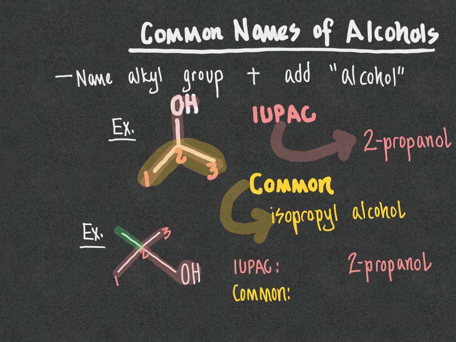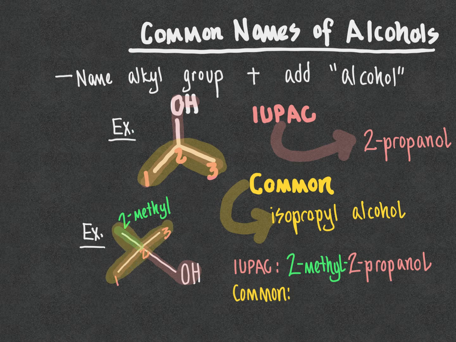And that branch coming off at position 2 is a 2-methyl group because that is a 1-carbon chain coming off there. So our IUPAC name here would be 2-methyl-2-propanol.